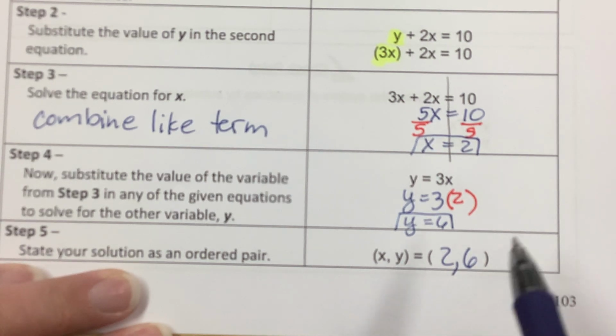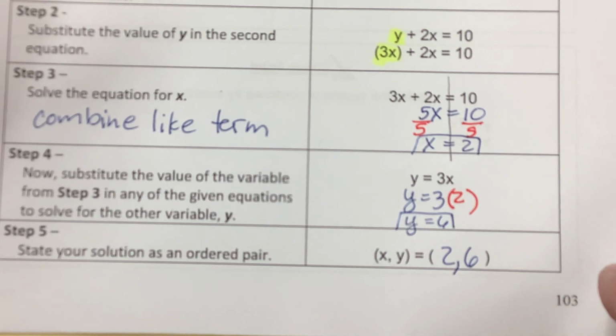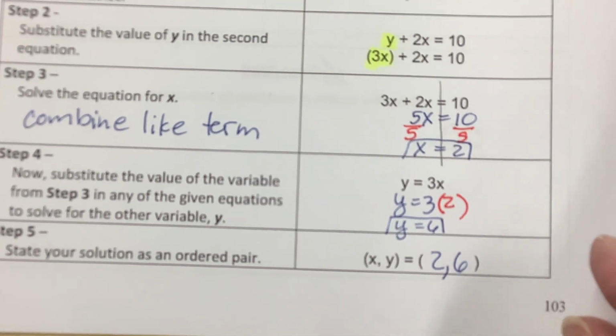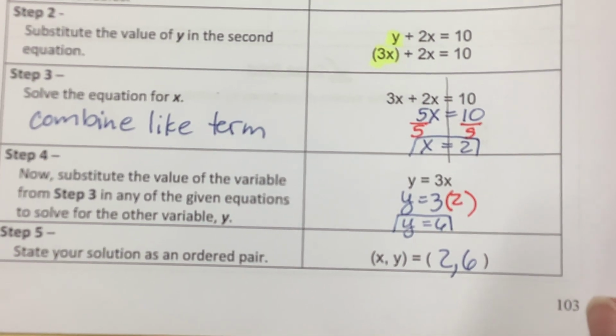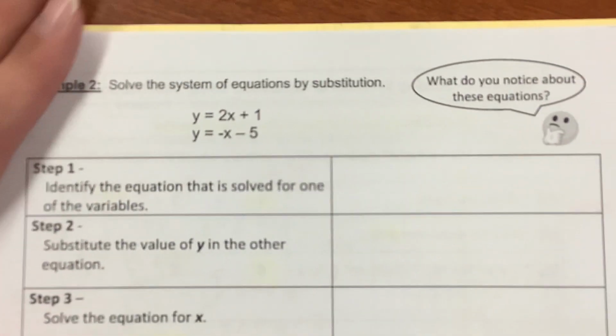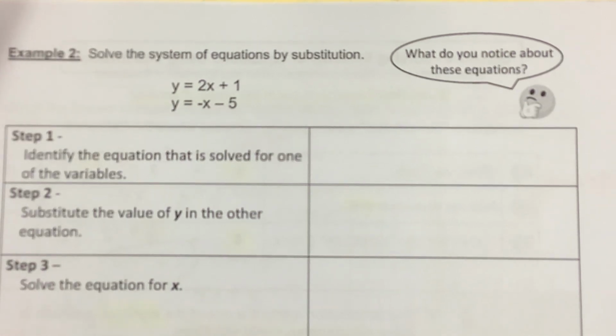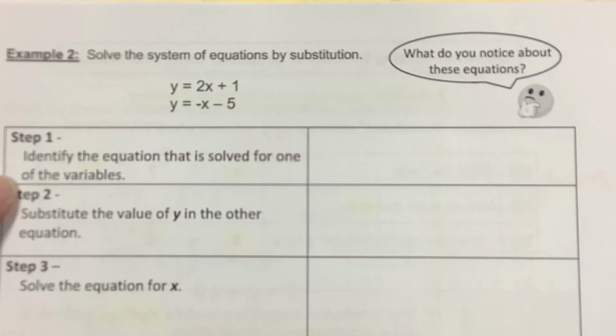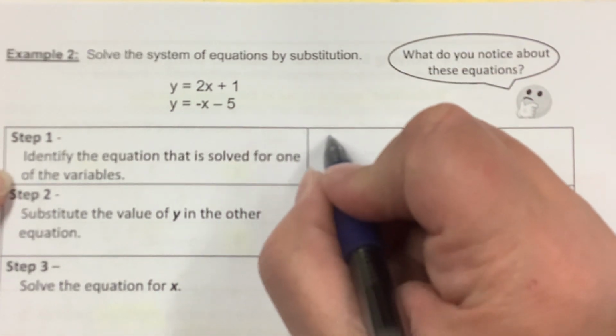You have to have two numbers in alphabetical order. So even if you don't have x and y, if you have a and b, a comma b. If you have m and n, m comma n. Alphabetical order always. All right, let's take a look at another example. Now, both of these are equal to y. So it says identify the equation that's solved for one of the variables. Both are solved for y.